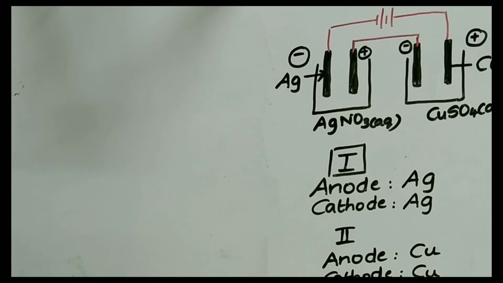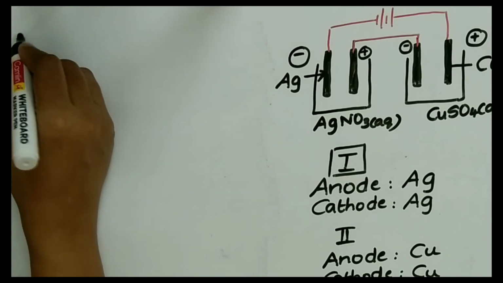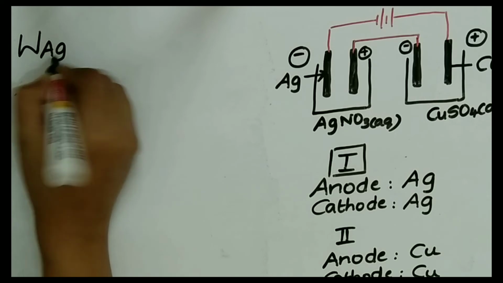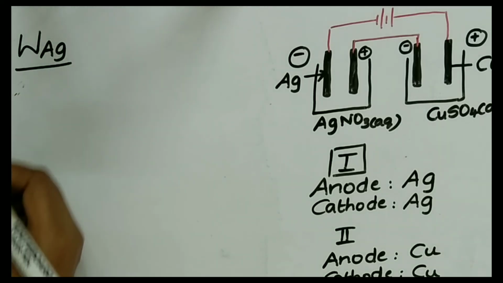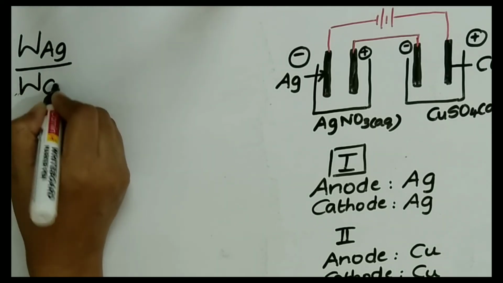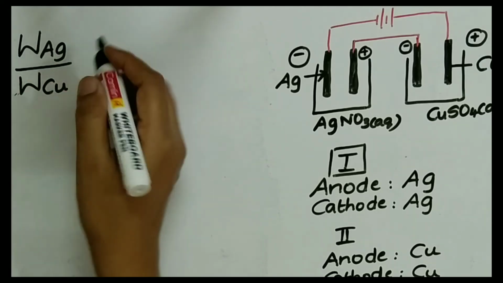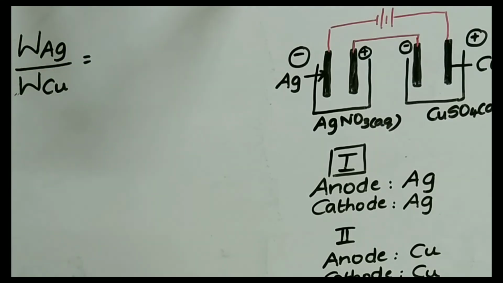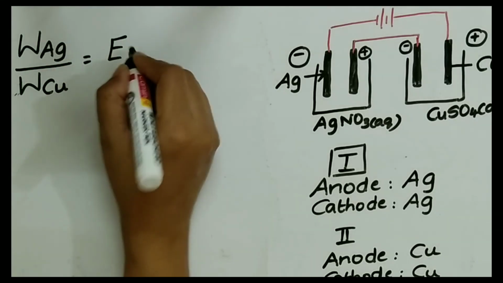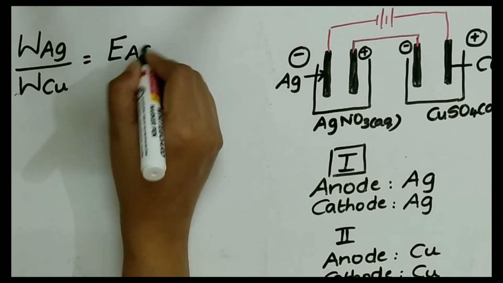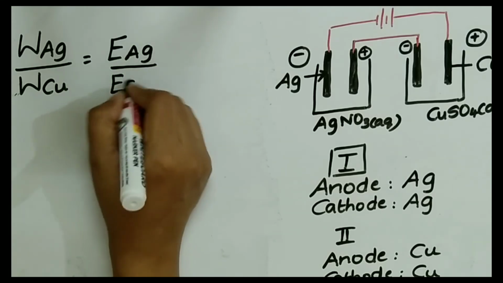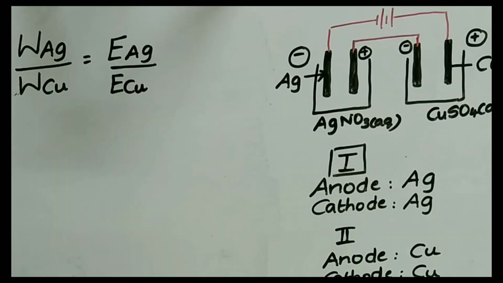So the law is W of Ag upon W of Cu, correct. We wrote it in the ratio form and there were 4 cells, but here we are taking only 2 cells, and the ratio I have written in division form, which is equal to equivalent mass of Ag upon equivalent mass of Cu, correct.